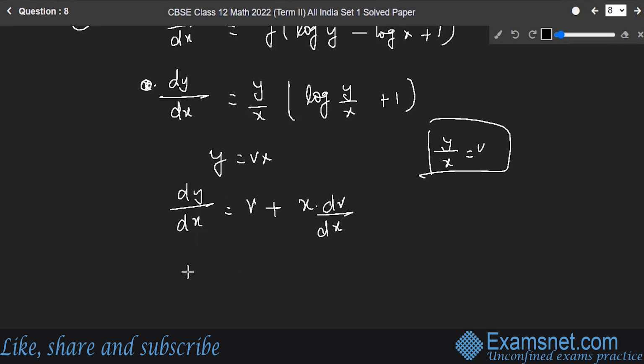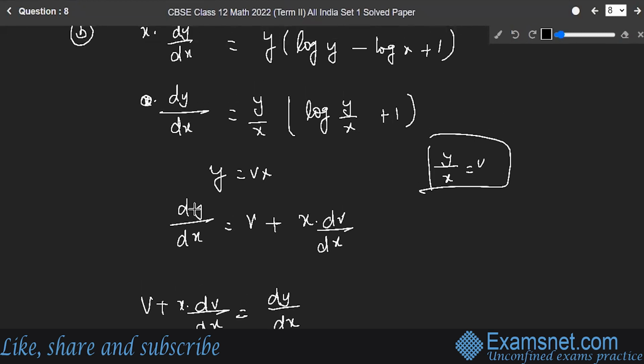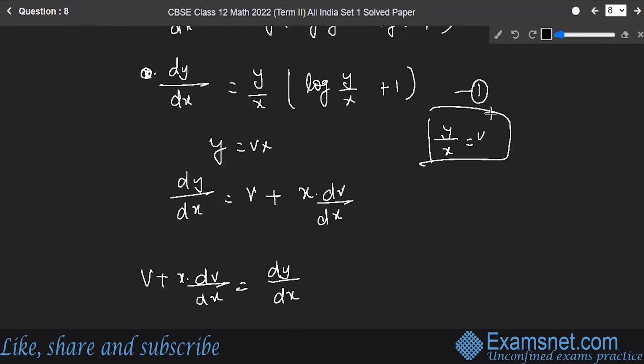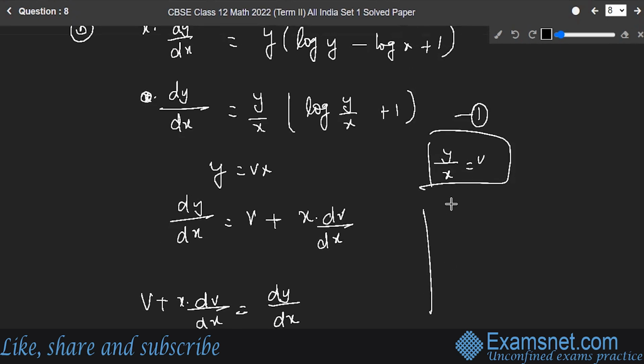So this can be written as v plus x into dv by dx is equal to dy by dx. And if I look from this equation 1, let's solve this equation a bit. You have dy by dx is equal to y upon x into log of y upon x plus 1.